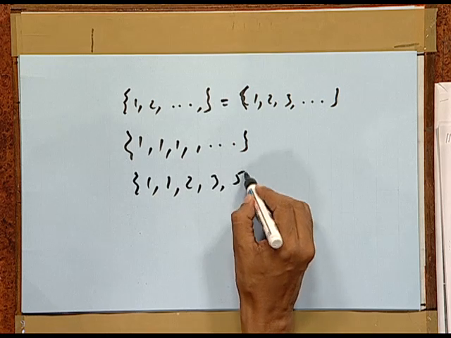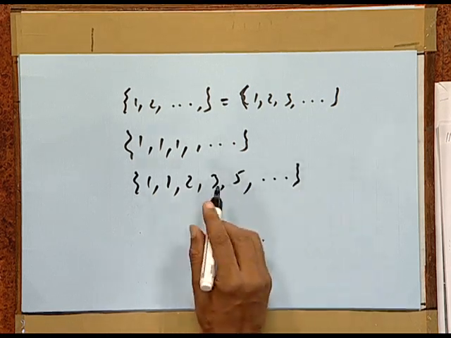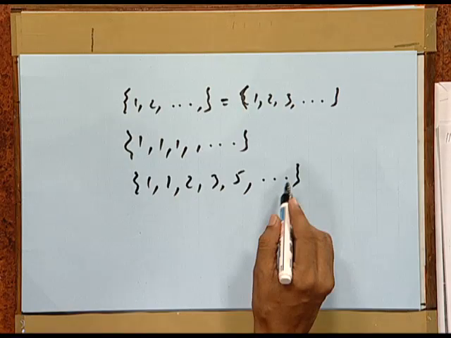Also we can have a sequence like this, where the first two terms repeat. So, in a sequence the elements need not be distinct, whereas in a set the elements must be distinct, and elements of a set may not have an order, whereas in a sequence the elements have a specific order.